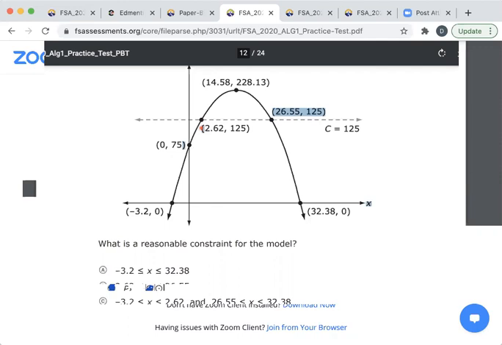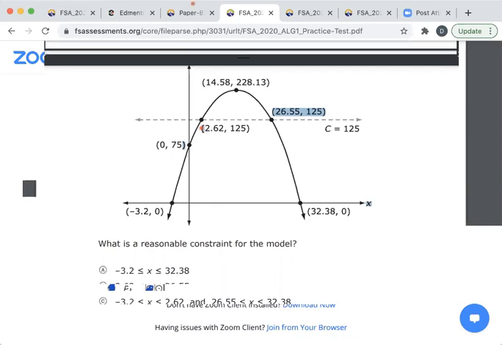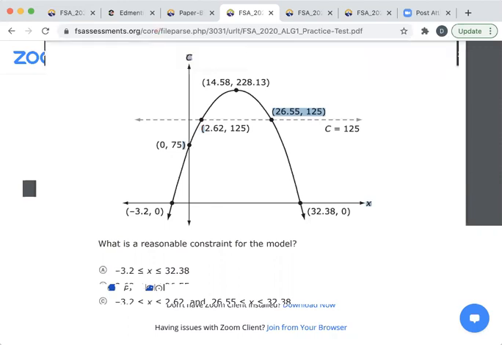So let me pick a better color. We're looking at this portion right here and this portion right here that I'm highlighting in yellow, okay?